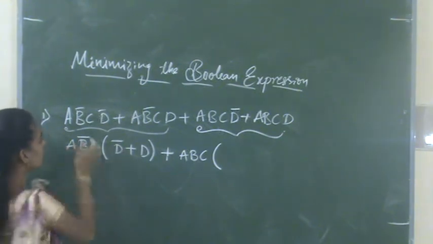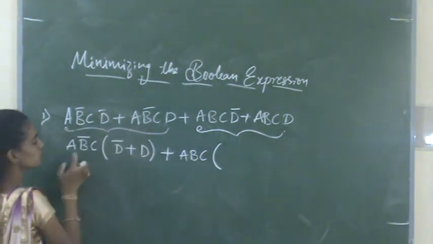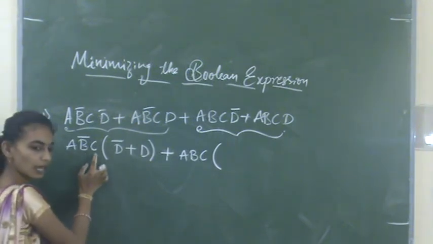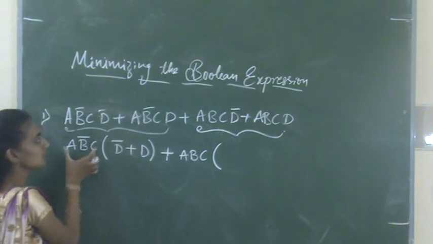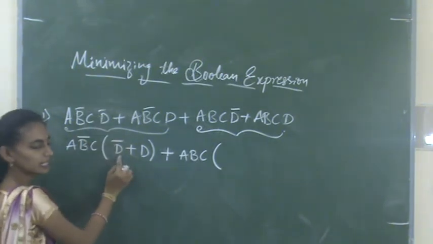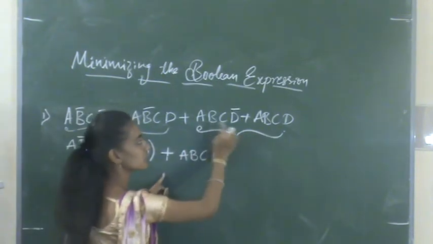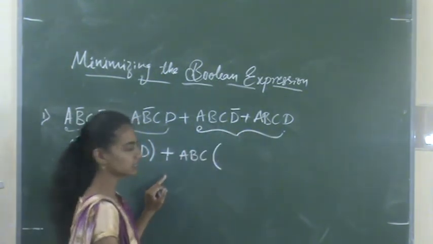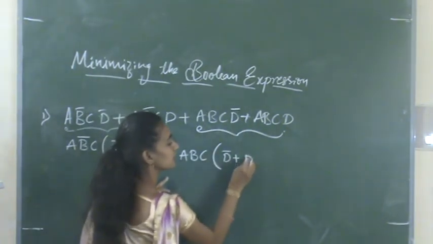That's why I am taking these two terms. In these two terms we have A B bar C common, so I am taking A B bar C as a common factor. The remaining thing will be D bar plus D. And in these two terms A B C is the common factor, so the remaining will be D bar plus D.